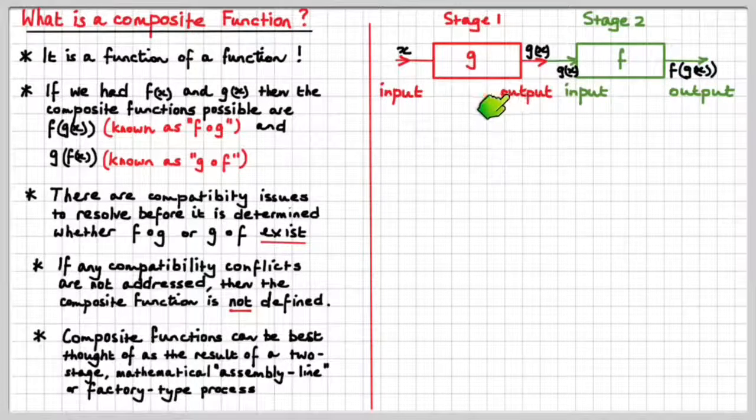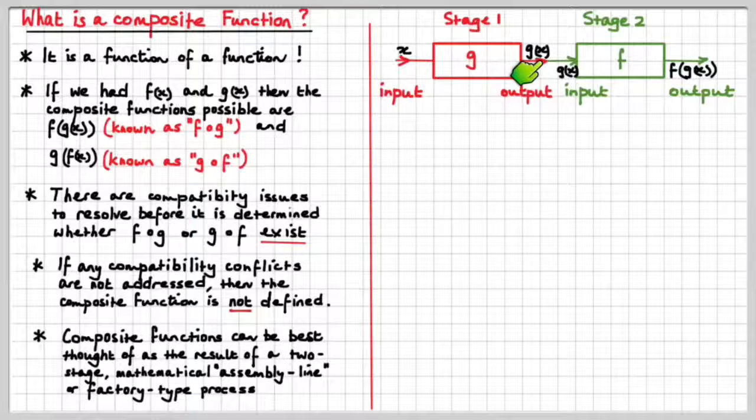Now, think of it this way. You've got g of x. You've got all the little x's coming in here, which is its implied domain, and there's the g function happening, and what comes out the other end is the product of that part of the factory, which is g of x, okay?